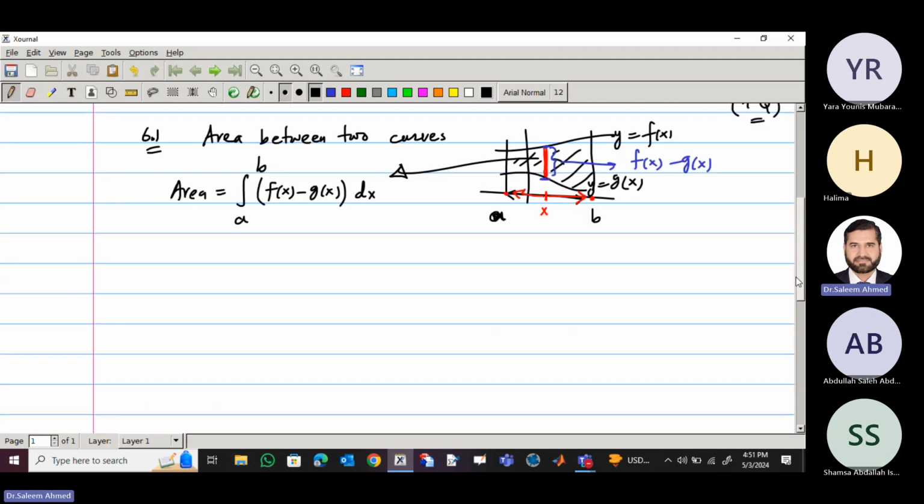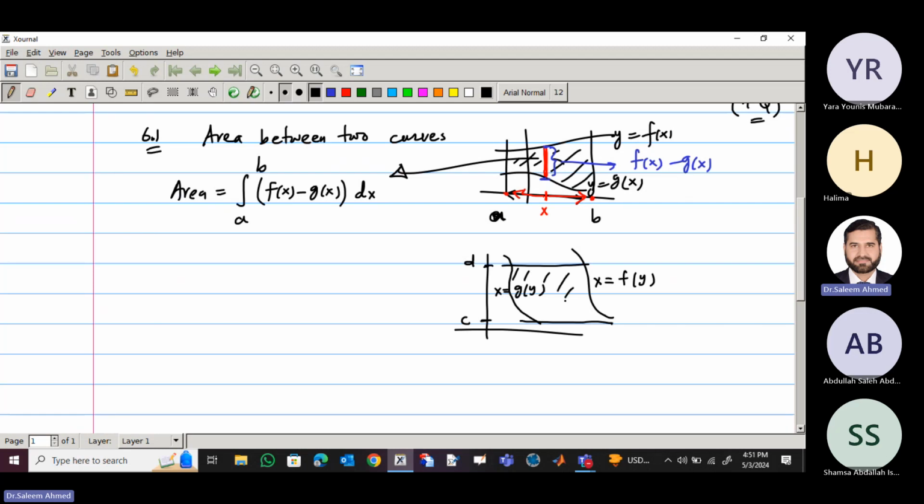Or sometimes you are not given curves, you are given the values of y instead of x. Y goes from c to d. So you have a left curve and a right curve, like that. So now the limits are straight lines in y-axis. So the right curve will be x is equal to f of y, and this will be x is equal to g of y.